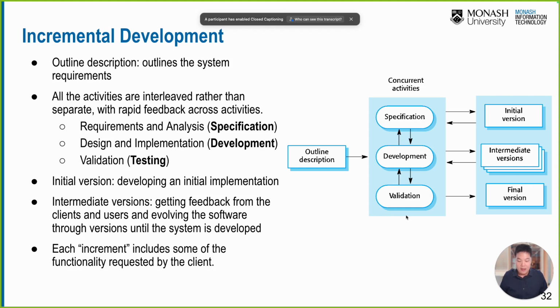Any is okay, but the key question is that it depends on the requirements, on the nature of the software system that we develop, whether the requirement is clear or not. For example, if we know what we are going to develop right here, right now, and the spec is really clear, we can just use the waterfall model or incremental development as well.